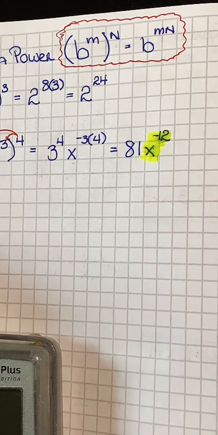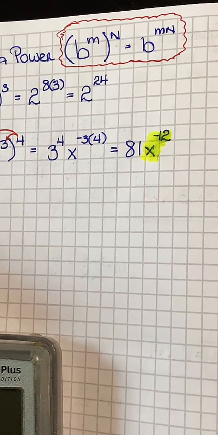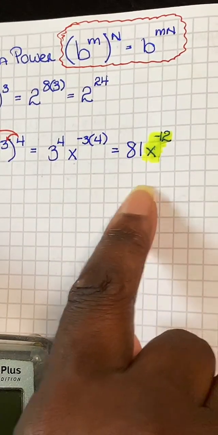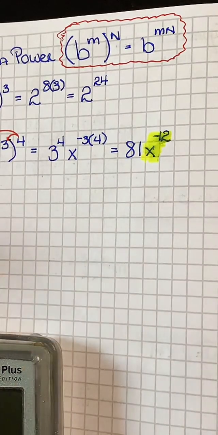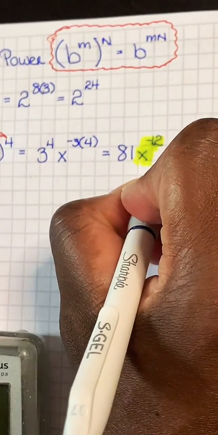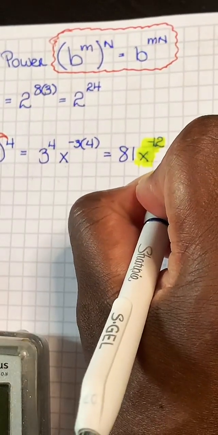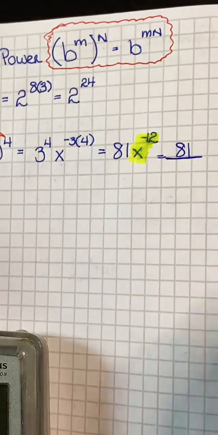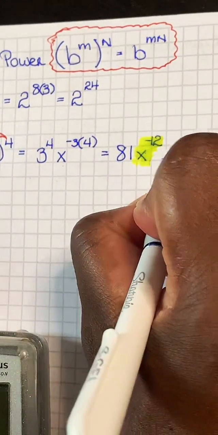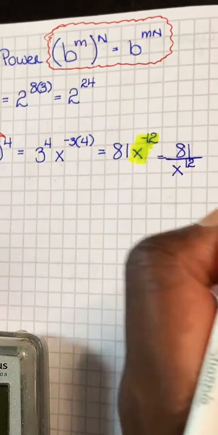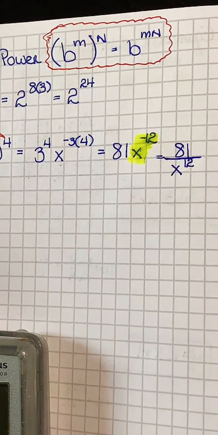Good job, Ricky. We need to do the reciprocal. So what's being raised to the negative 12 needs to drop in the denominator. What stays in the numerator is going to be the 81, but what drops in the denominator is going to be my x to the 12th. But instead of a negative 12, it's going to be a positive 12.